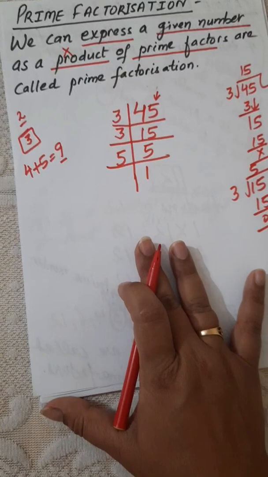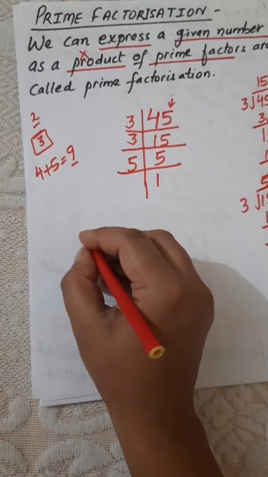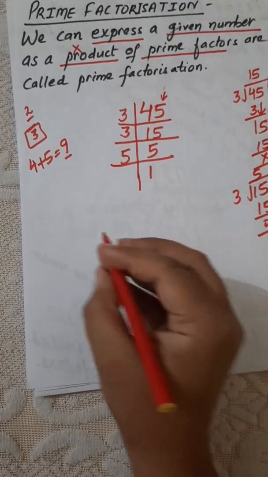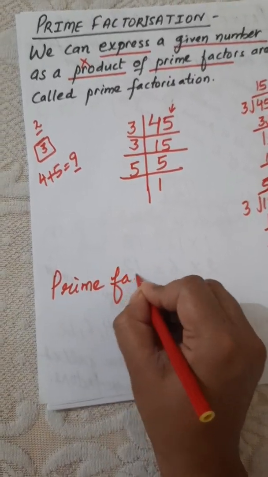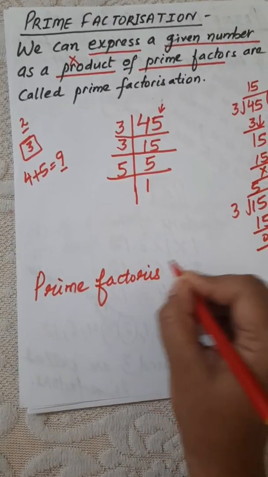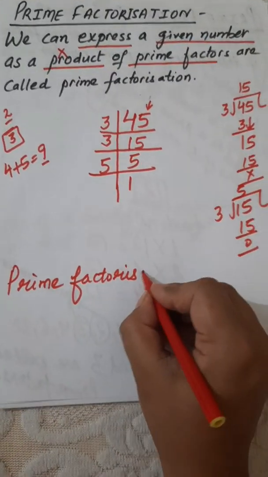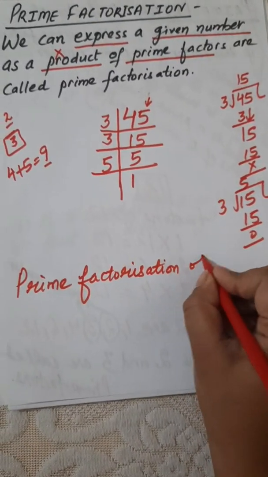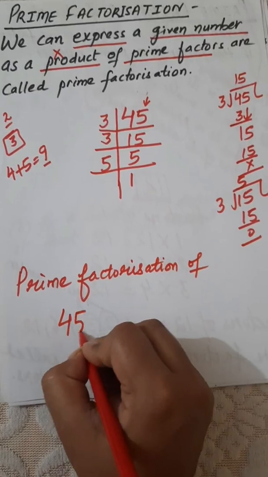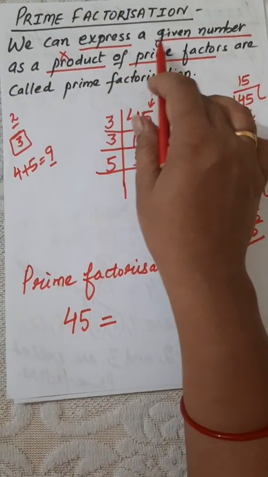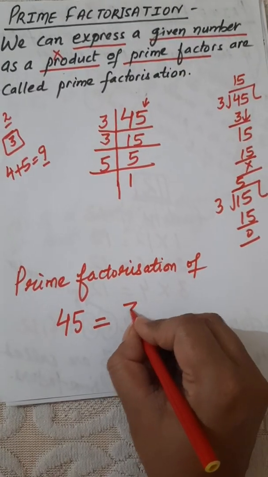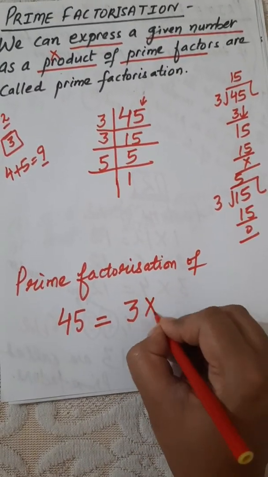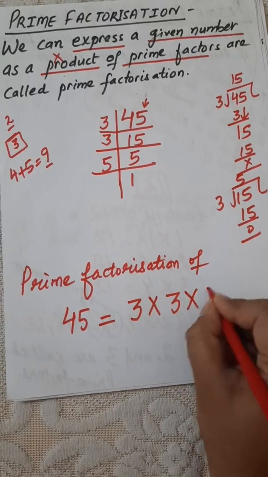So this is the prime factorization, and here the prime factorization can be expressed as a product. So we can write the prime factorization of 45 is equal to 3 into 3 into 5.